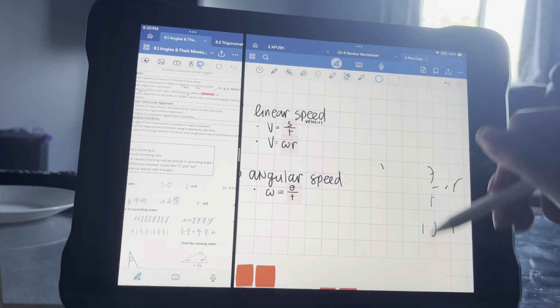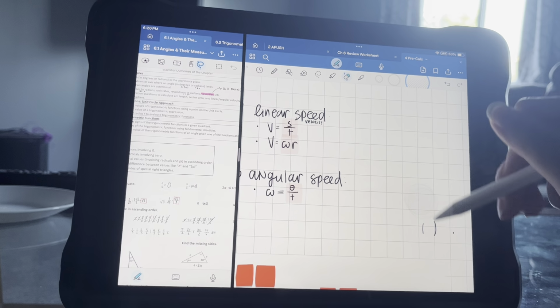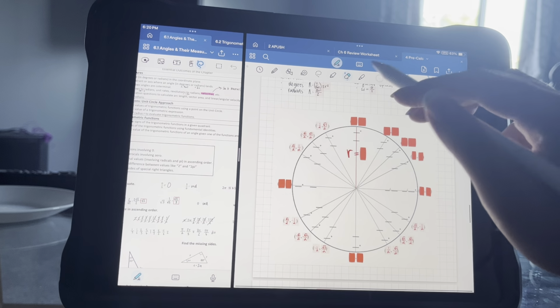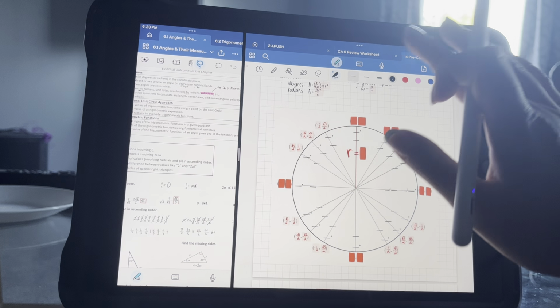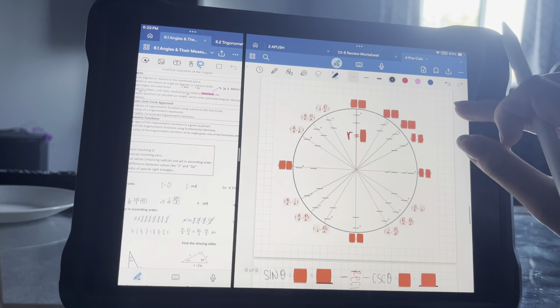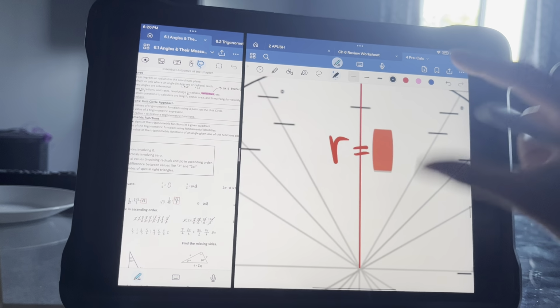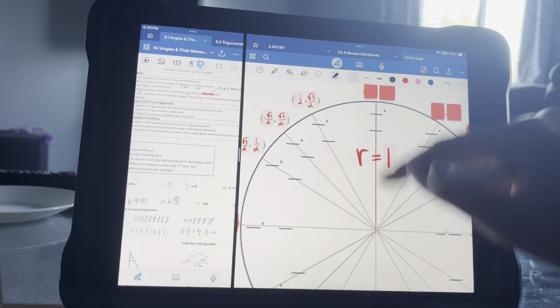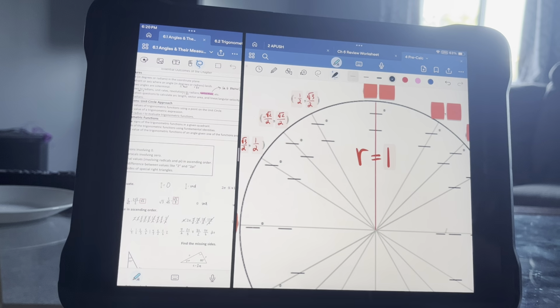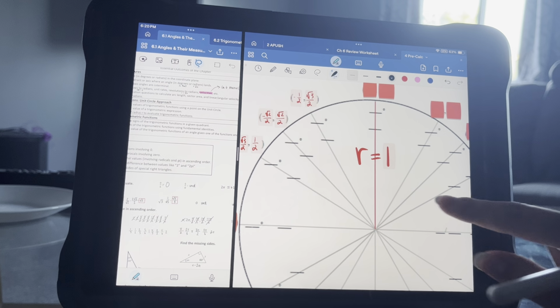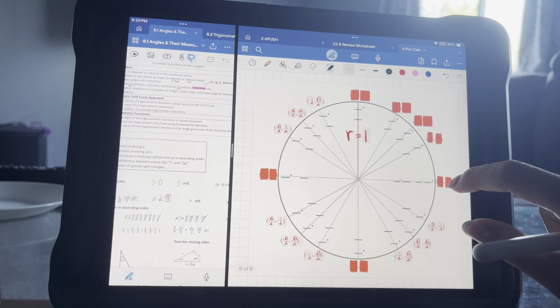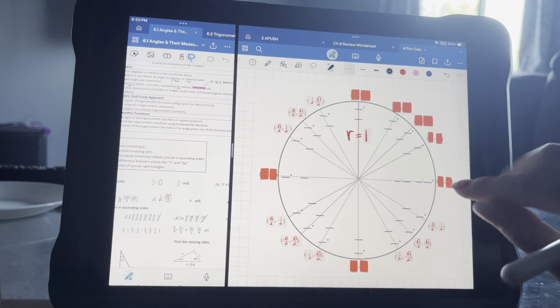The next thing to do is the unit circle. On the unit circle, this is a circle that is on a coordinate plane. The radius is always 1. Every single one of these lines is 1 unit. Some important coordinates would include right here, 0 degrees, 360 degrees, 2 pi radians, 0 radians.